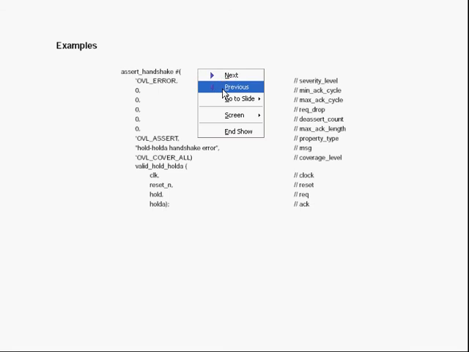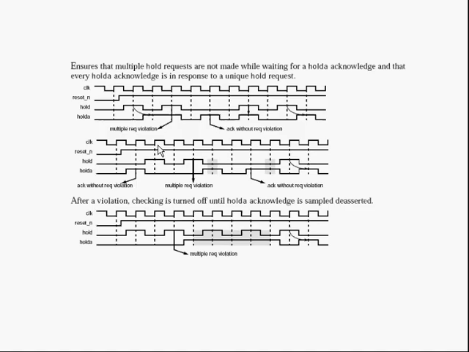Okay, this is acknowledge, so multiple request violation. Then look at clock and reset, that's all. Now what's happening here: without getting any request it is giving acknowledgement, that's why we are getting a violation.